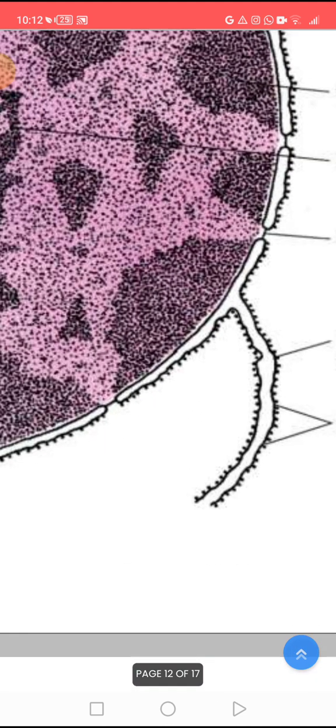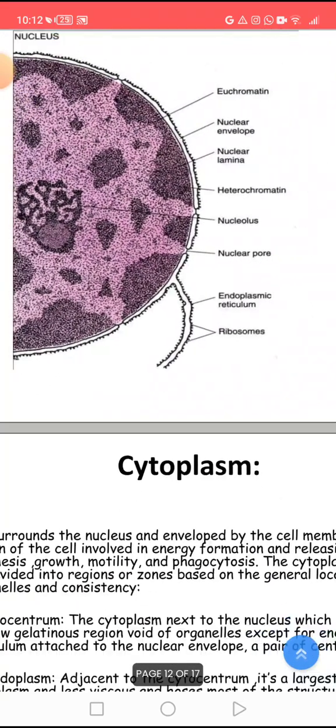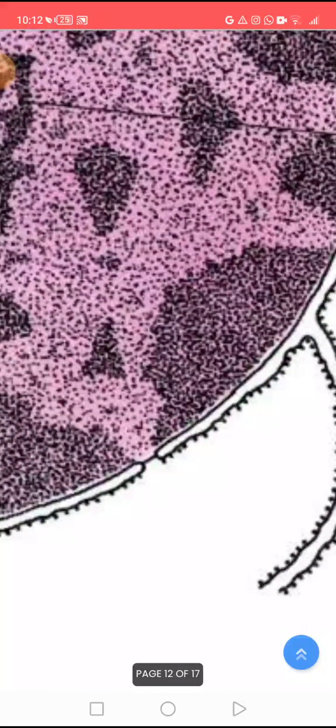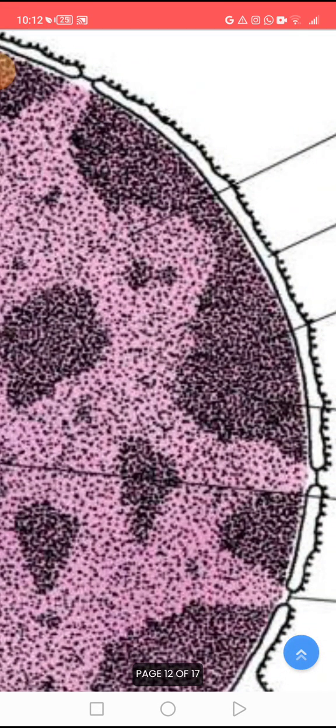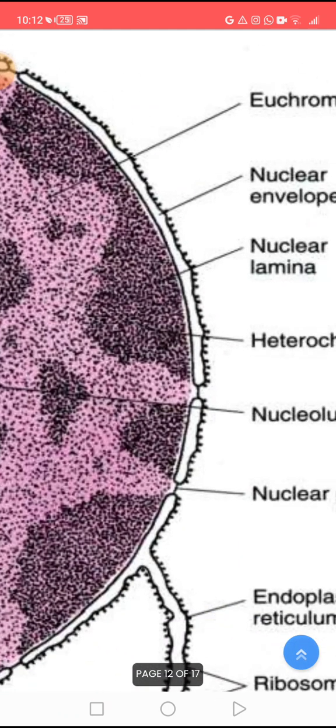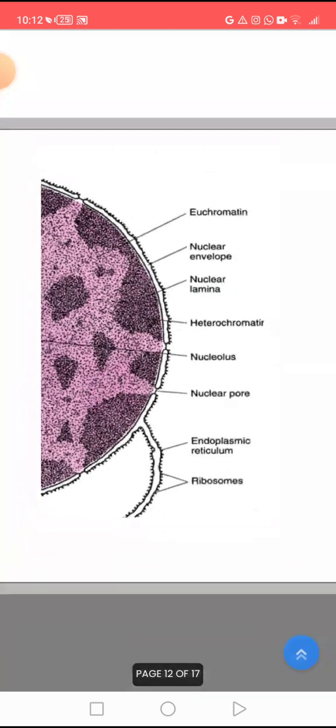Here are the nucleoli. This round big structure is the nucleus, and you have two membranes and pores. Euchromatin is translucent, as I said, and the genetic material and transcription occur here in the euchromatin. But the dark black one is heterochromatin, and it's inactive.